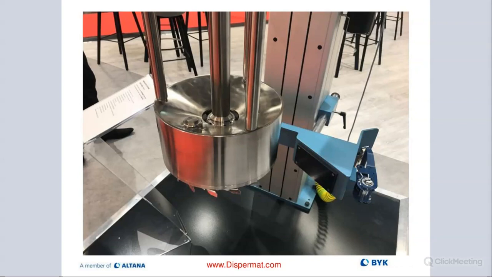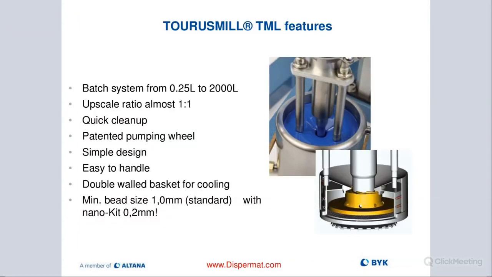That's where our temperature sensor goes in, and we measure the actual temperature inside of our basket. So we always know what is happening there, how hot the material is getting, and whether we are efficiently cooling. So that's really important. The screw right there is only for the bead filling channel, and that's where we put in our beads on the manufacturing side.